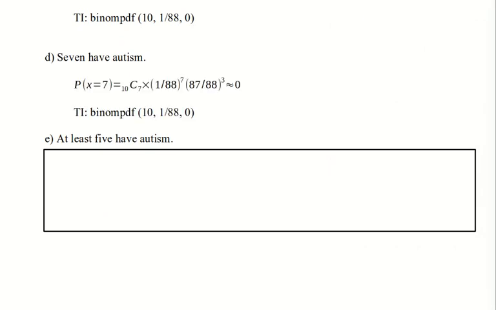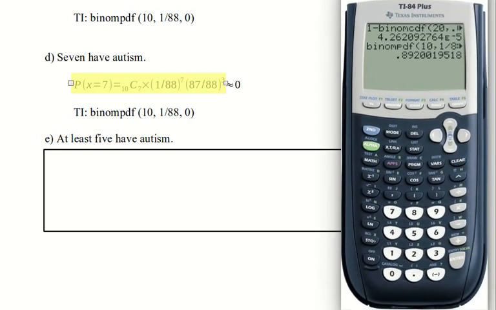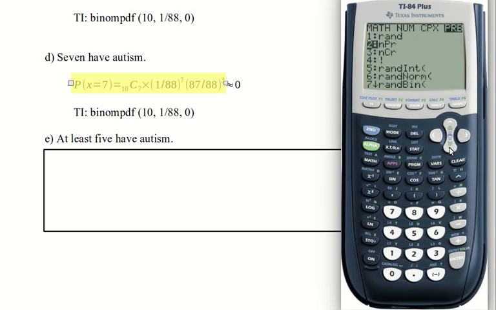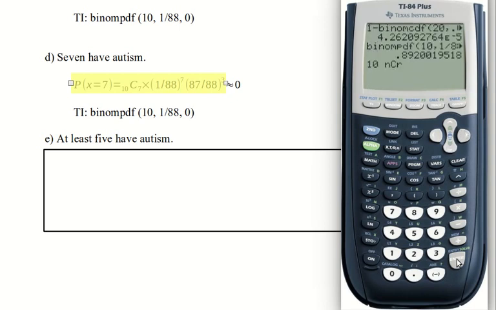The next question asks us what's the probability that exactly 7 have autism. So if we put this in our calculator, the probability that X is 7 is 10 choose 7 times 1/88 to the 7th times 87/88 to the 3rd. So let's go through and do that. I'm entering n. Then I'm going to go into the math menu over to probability to get nCr, the number of combinations. We're interested in arranging 7 things among 10.